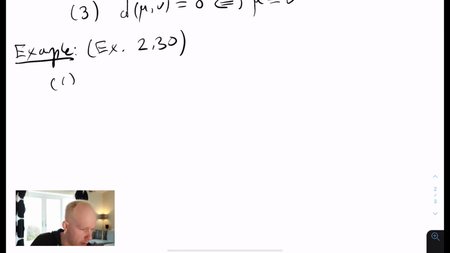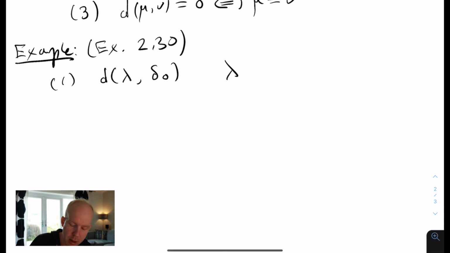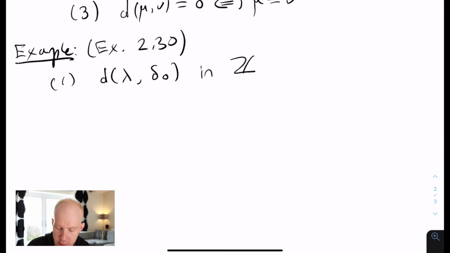So we take the total variation distance d(lambda, delta 0), where lambda is again this. I'll take this in Z3, just to have this as a given.